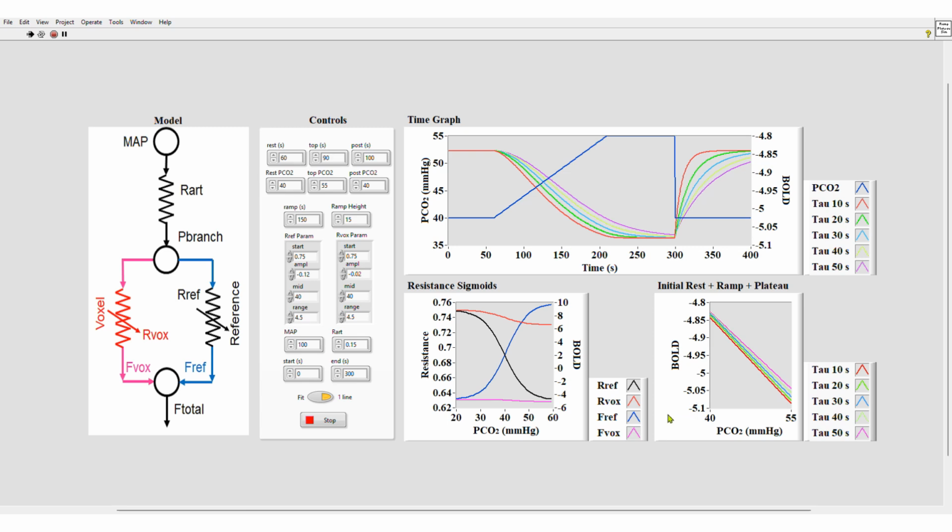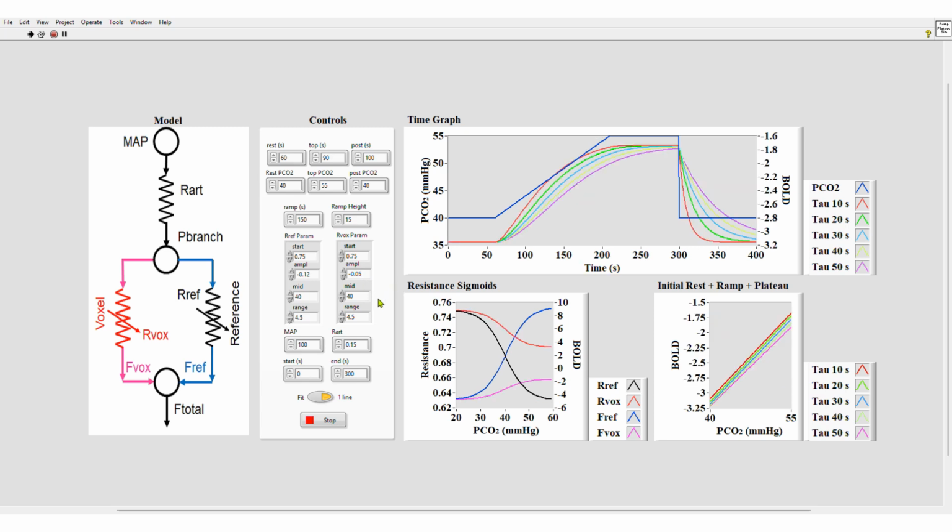Let's return the voxel resistance sigmoid amplitude to 0.05. And we see a type A response. Now let's move the voxel resistance sigmoid midpoint to a lower PCO2 of 35 millimeters of mercury.